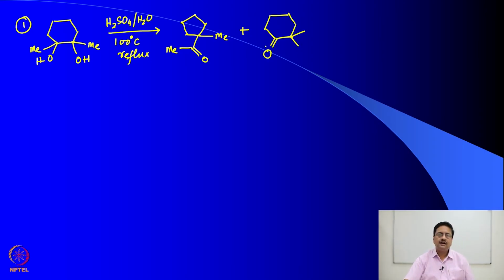So, one may ask how this reaction takes place to give you these two different types of products. So, let us try to understand the mechanism of this reaction.